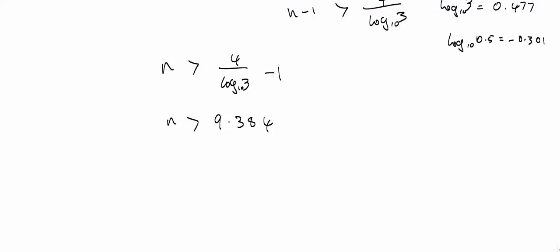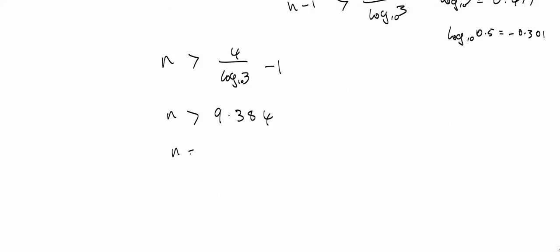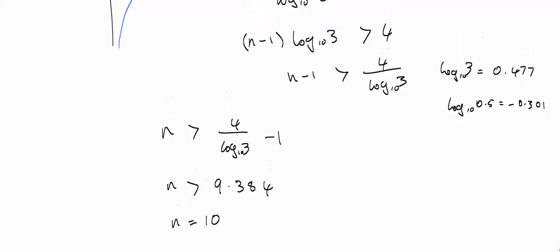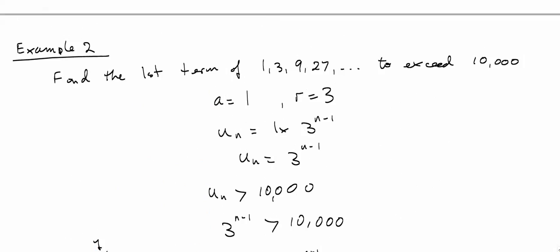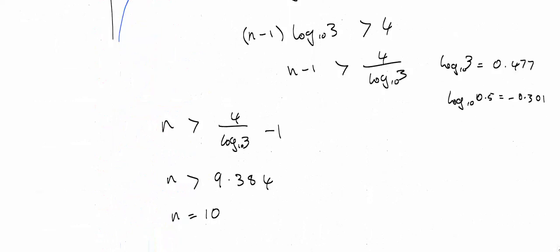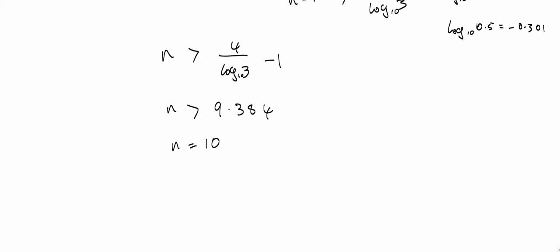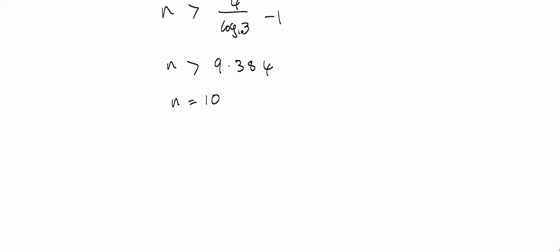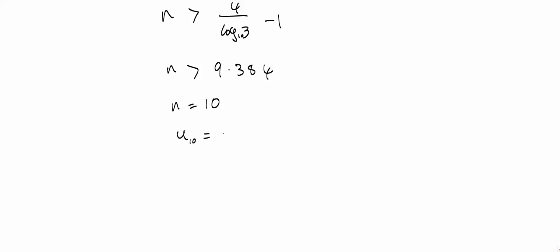So because n is a whole number, n must be greater than 9.384, so the first one to exceed 10,000 is when n equals 10. So if n equals 10, u10 is 3 to the power of 10 minus 1, 3 to the power of 9, which is 19,683.